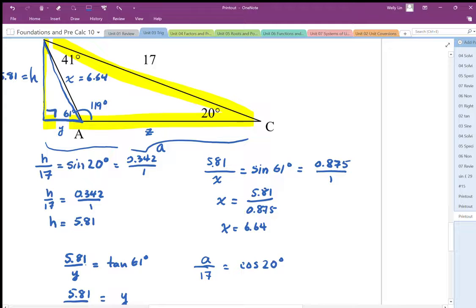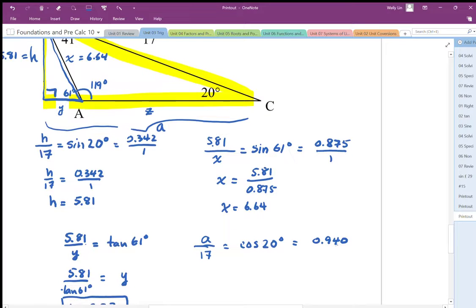The cosine of 20 degrees ends up being 0.9396, so I'm going to round that to 0.940. Solving for A, I'm just going to cross multiply that, and that gives me a value of 15.97.